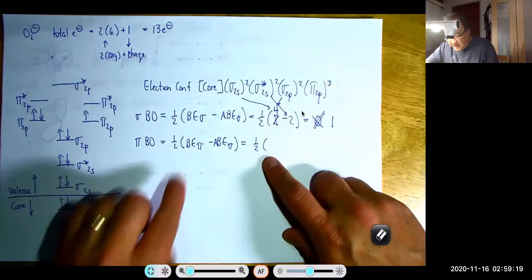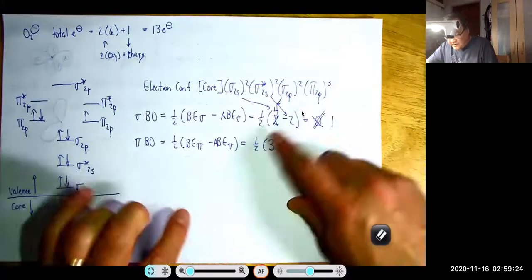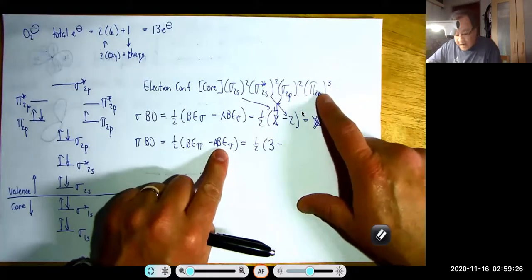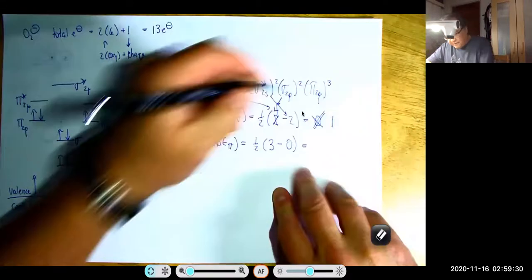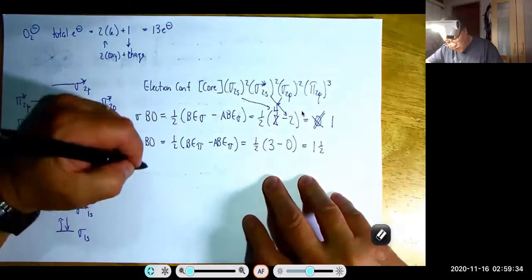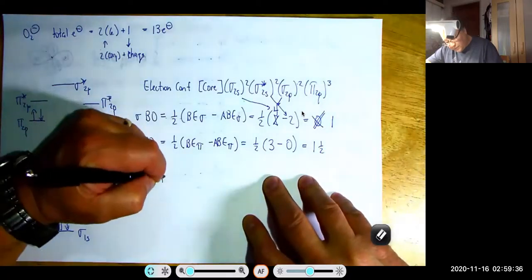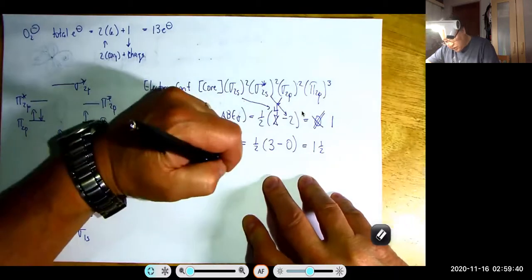So how many bonding pi electrons do we have? We have 3. How many anti-bonding? There's no pi star, so it's 0. So what's 1/2 of 3? 1 and 1/2. So the bond order total is equal to 1 plus 1 1/2, which we'll call a 2.5.